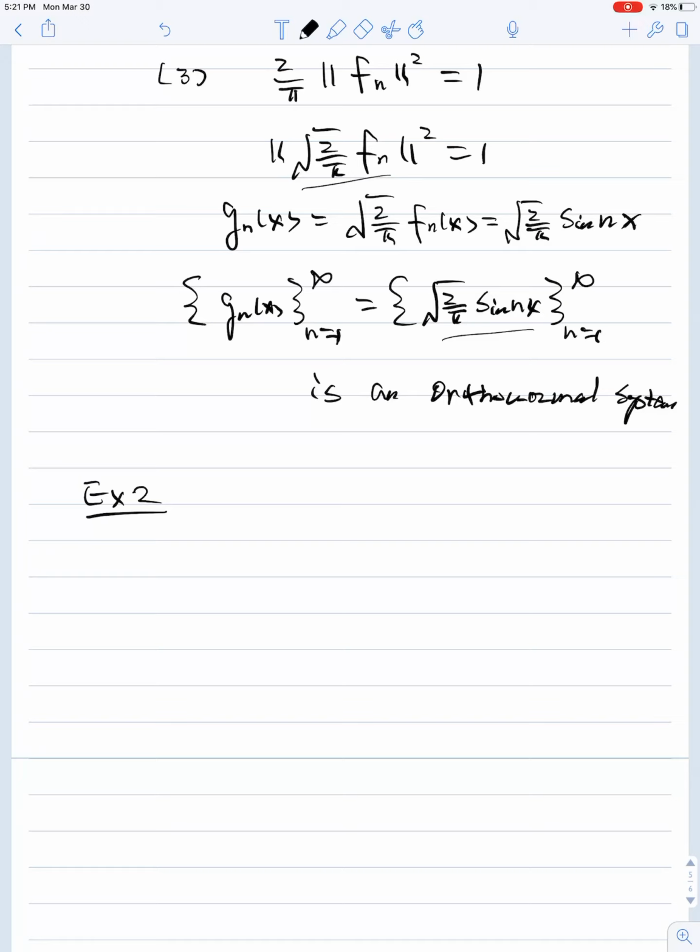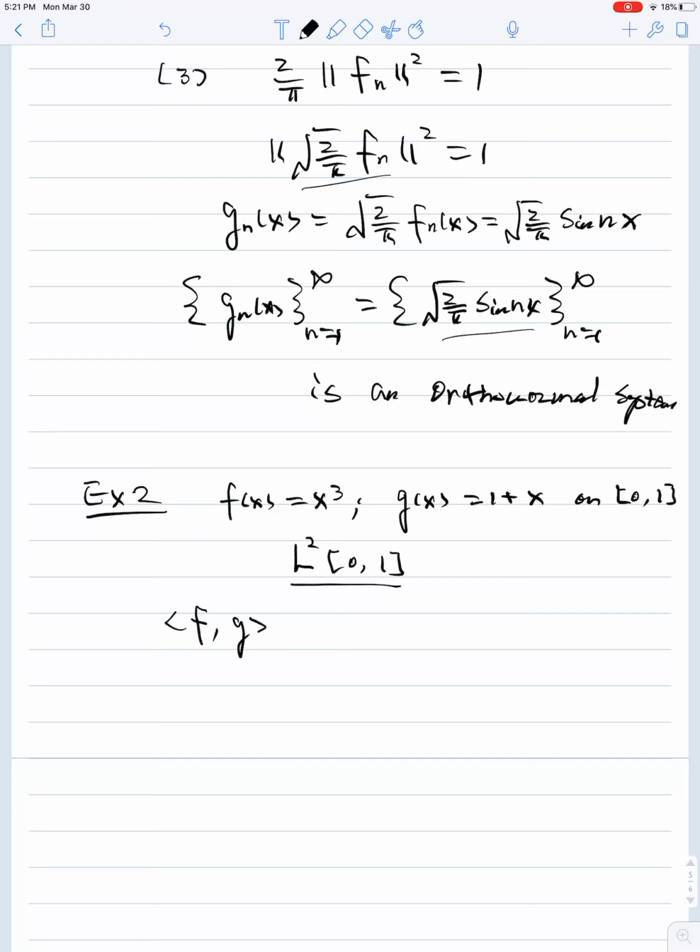Okay, so let's look at another example of how to calculate the inner product of two functions. Let's say we have f(x) equals x cubed, and g(x) equals 1 plus x. We consider these as functions on the interval from 0 to 1, so these are functions in this L2 space. On this L2 space there's an inner product, so let's see how we calculate it.